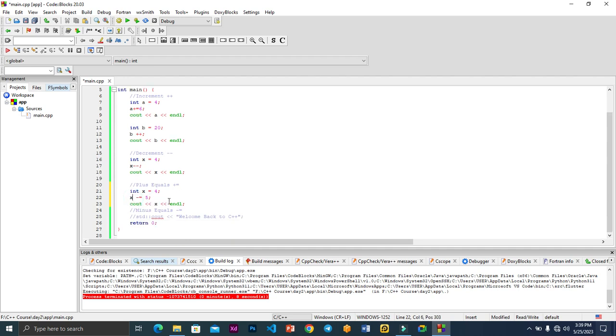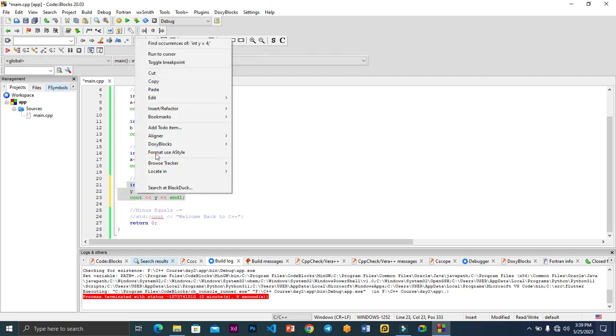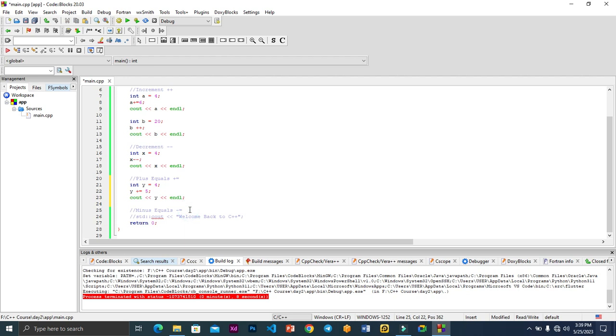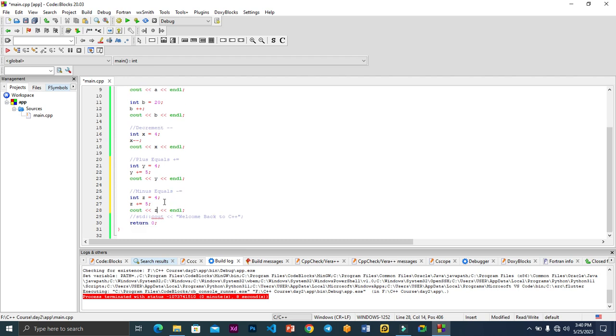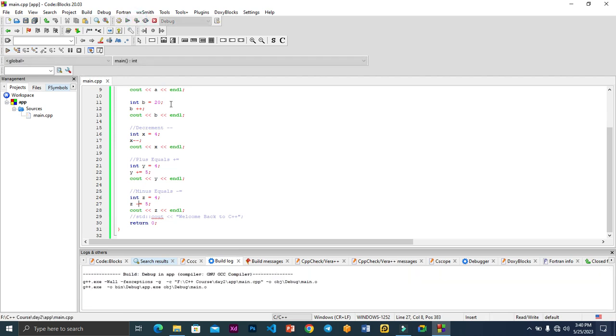I've used this, so we can do something like maybe y, and this one is plus equals, so we can have plus equals right here, and then we can have the minus equals also at this place. And here I'm going to use z, so we can decrease by 1. So let's run everything and see what we have done.